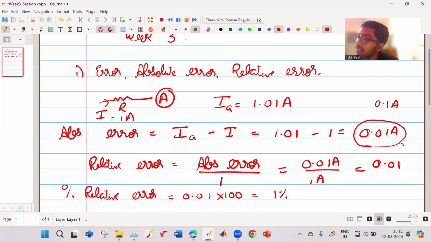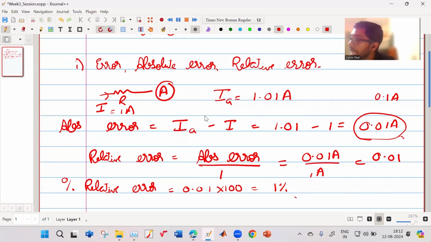Then your relative error will become 0.1, and the percentage relative error will become 10%. So whatever error is there, we know that the error is there, but how much is that error with respect to the actual quantity being measured? How much is the deviation? So that we use the term percentage relative error.